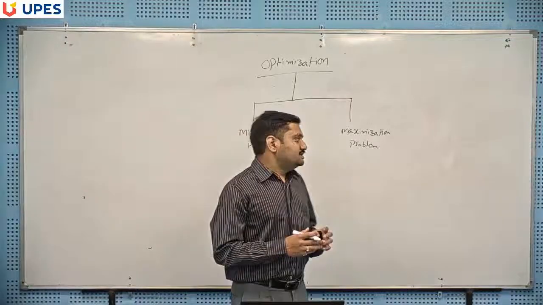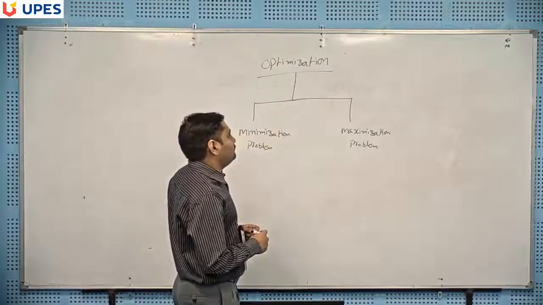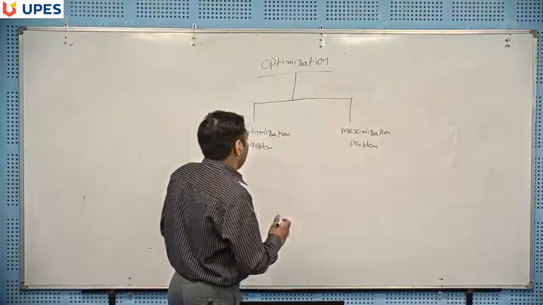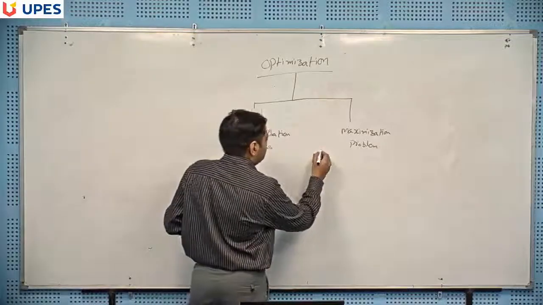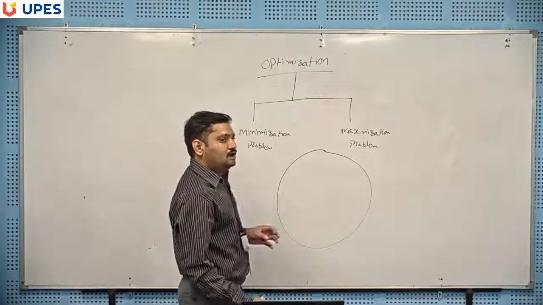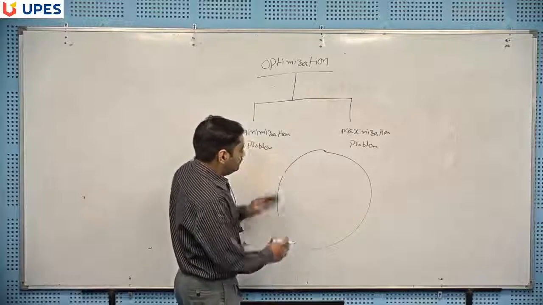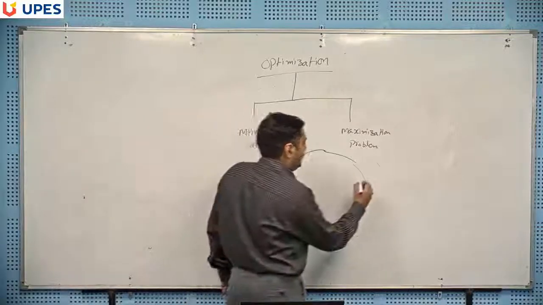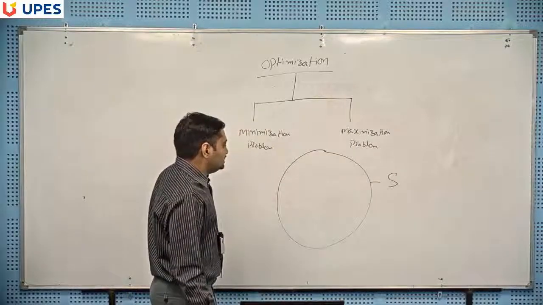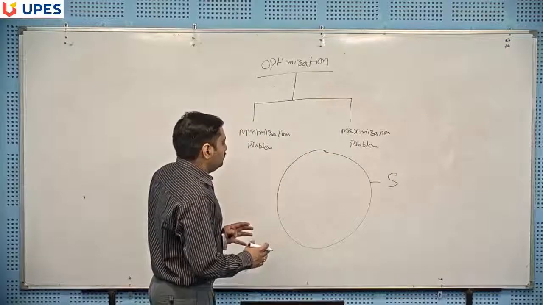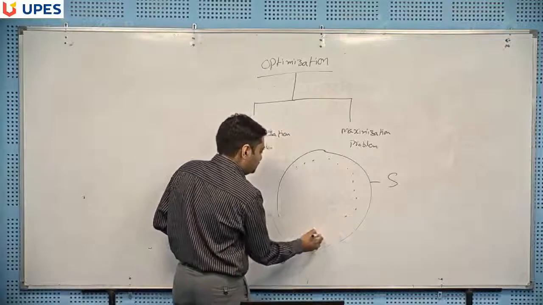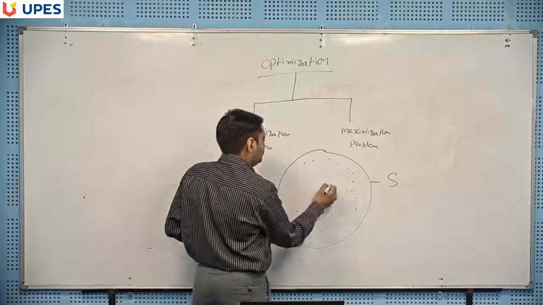If we look at the definition of an optimization problem, you will be given a larger search space. Assume this is the search space and we call it S. And in this search space, there will be various solutions. Let us say these are all solutions for our problem.